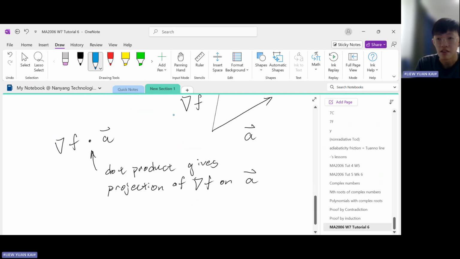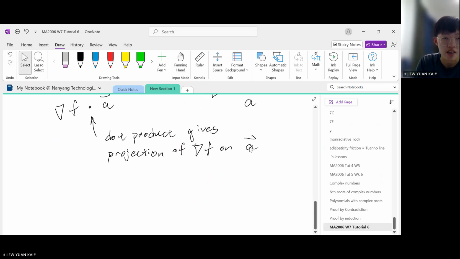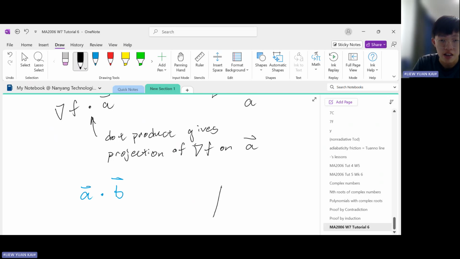The projection of a vector on another vector. Let's say we're dealing with two vectors A and B, A dot B. Let's say we have A, and let's say we have B. The projection of A on B is the component of A that is parallel to B. Let me say that again.